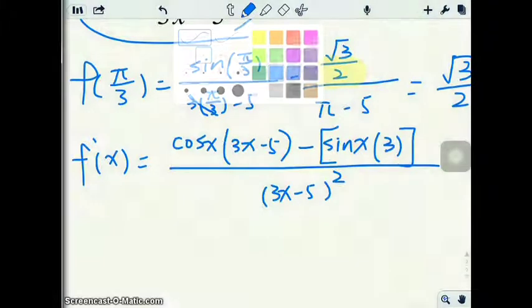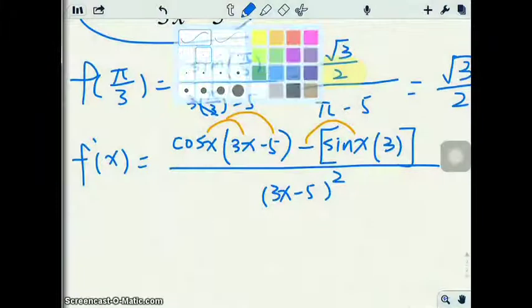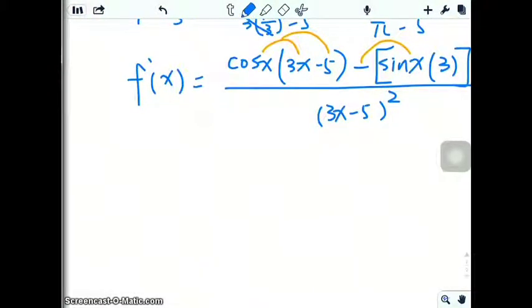After you square this whole thing, we can multiply this out, and we can also multiply the negative sign in here. Actually, we can just plug in and find the slope right away.